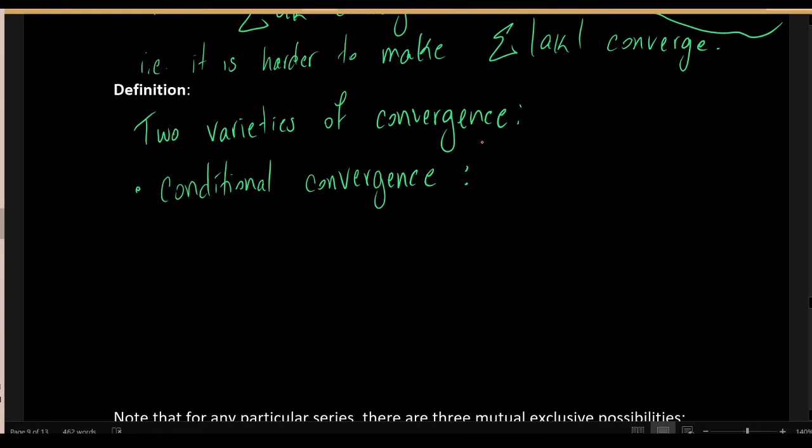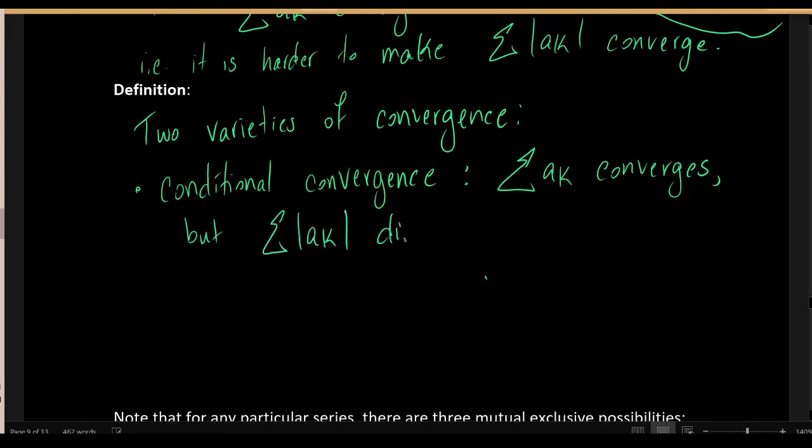We say that a series converges conditionally if the original series converges, but as soon as you put absolute values on the sequence, the series with the absolute values diverges. It's called conditional convergence because the series converges with the condition that there are some negative terms in there somewhere.